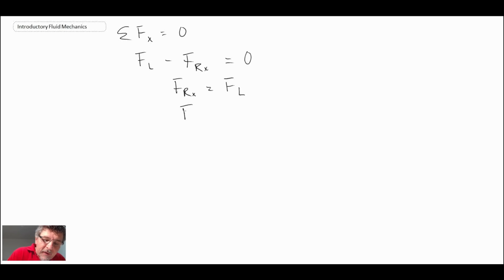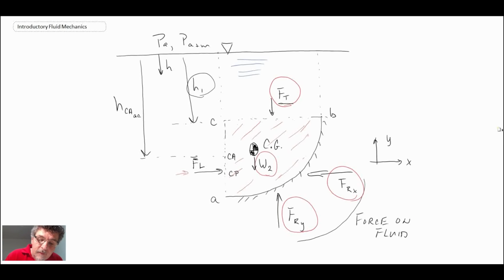The hydrostatic force is going to be the pressure at the center of area of AC. There's our diagram. So it's going to be of this area here, AC, where A and C is there.